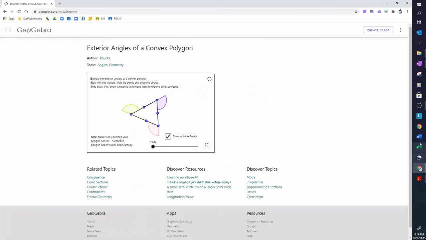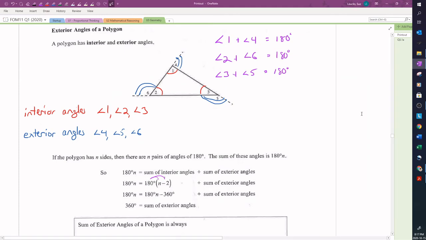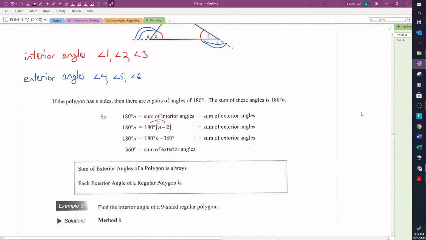I just wanted to show you that because to me, it's a really helpful visual to remind me of this rule, which is the sum of exterior angles of any polygon is always 360 degrees.